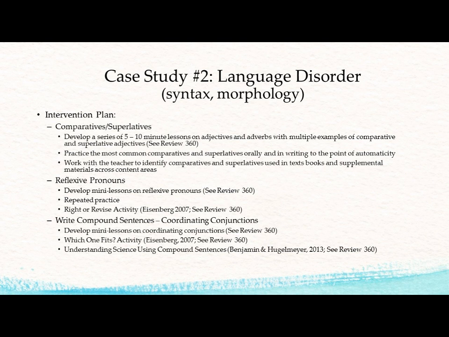When you go into the interventions available in Review360, you'll find an area listed for each one of the subunits of the different parts of language: semantics, syntax, morphology, pragmatics, metalinguistics. And you'll go to the areas of syntax and morphology, to comparatives and superlatives, and you'll find the target skill and then find some language strategies or activities that will get you started in terms of working in that area.